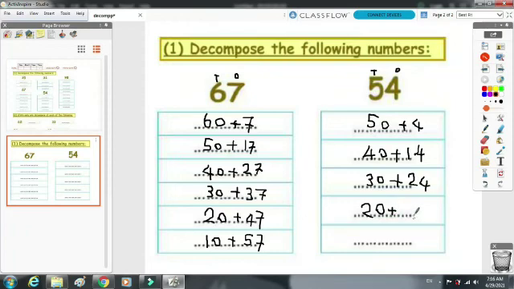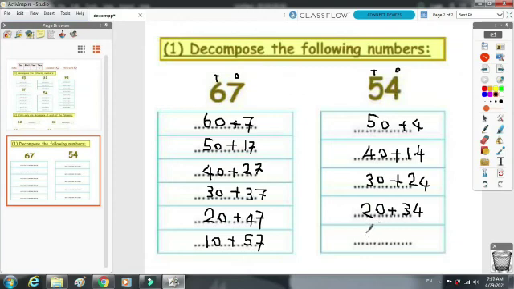This time I will keep the 4 ones as they are. I didn't change it, but I still have 3 tens. I have here 2 tens, and to compose these 5 tens I have to put here 3 tens. If you look, you will find that you make this 30 one ten less, and this 24 one ten more to be 34. So 20 plus 34 equals 54.